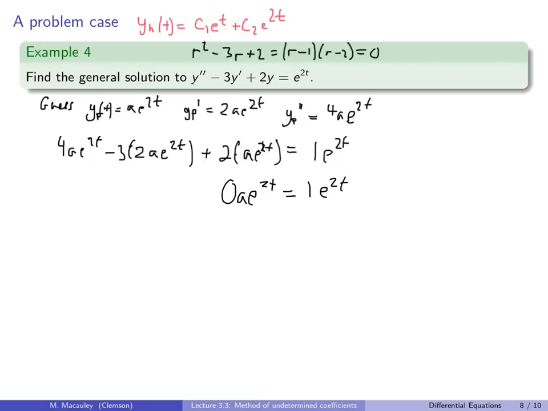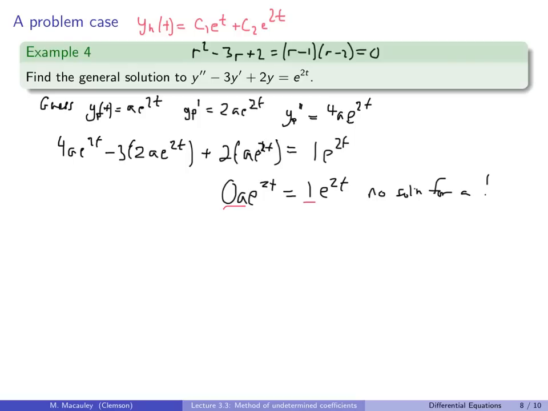And there is not going to be anything here, so there's no solution for a. So what does that mean? That means there is no solution of this form to this differential equation. There's not a single a that works, because you can't make 0 times a equal to 1.